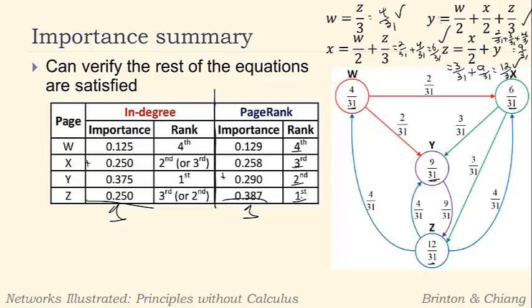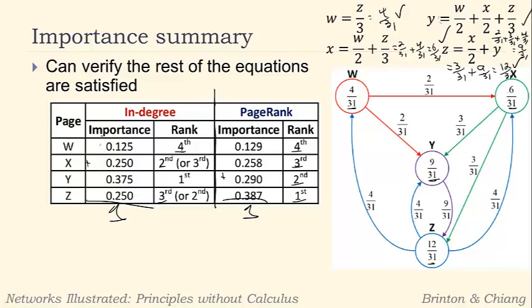Whereas over here you saw before, W is still 4th, that didn't change, but now the order is a little different for the rest of them, right? So before we had X and Z tying for 2nd, because X and Z both had in-degrees of 2. And we had Y with the highest because it had an in-degree of 3 before. So you can see a difference here.